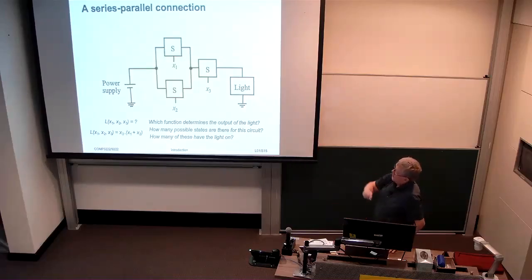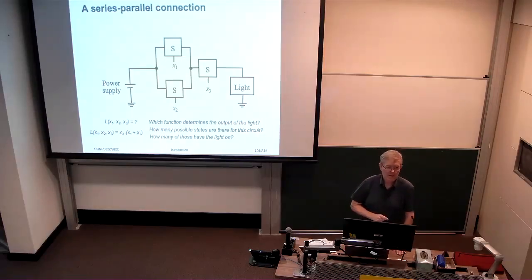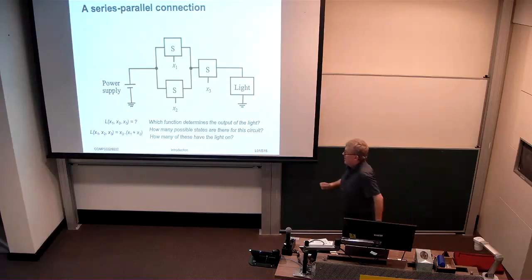So how many possible states are there for this circuit? 8. Yes, 8. There's 3 switches. Each one can have 2 possible settings. So it's 2 to the power of 3, which is 8. How many of them lead to the light being on? 3. Somebody's very quick off the mark here. 3.